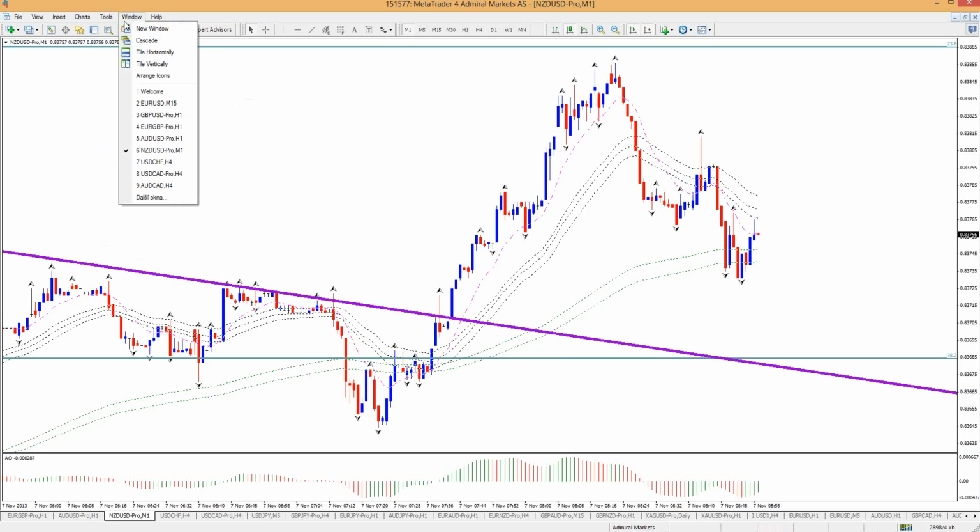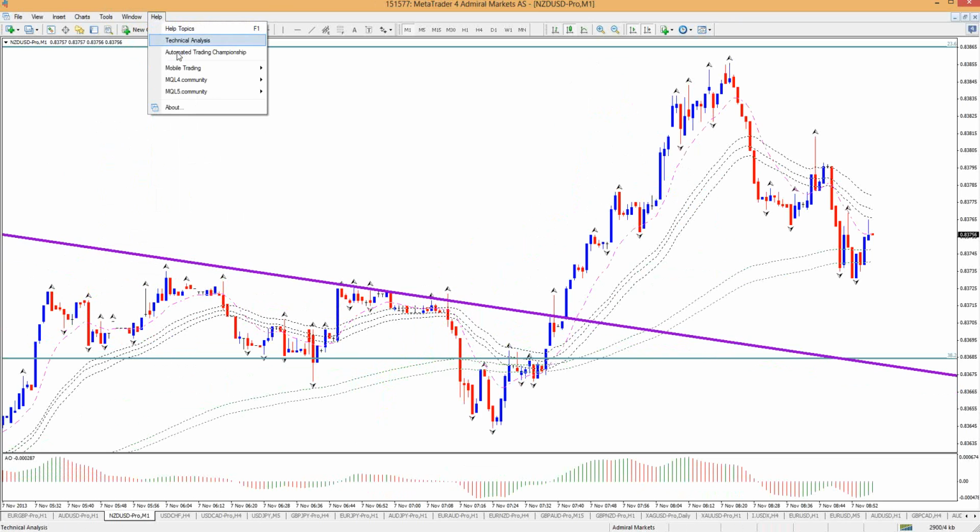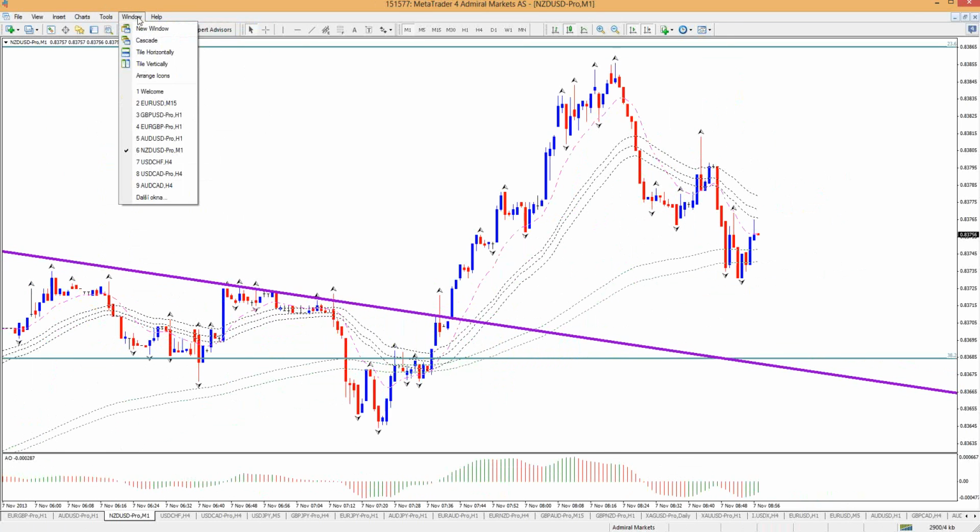Gary thinks that the performance statistics of the chart patterns would be very interesting. Oh, definitely, for sure. Is it somewhere in MT4? Oh, on the website.